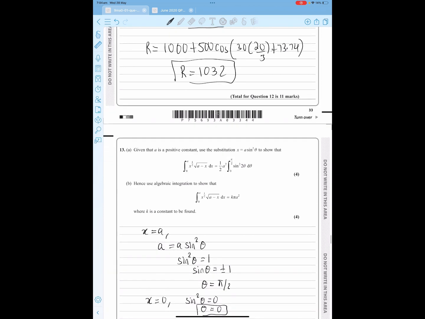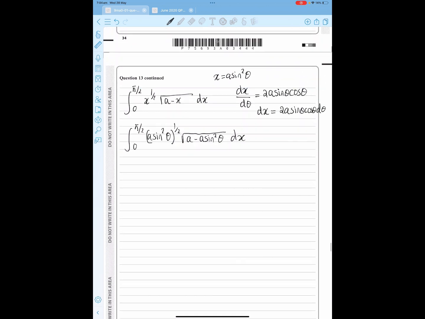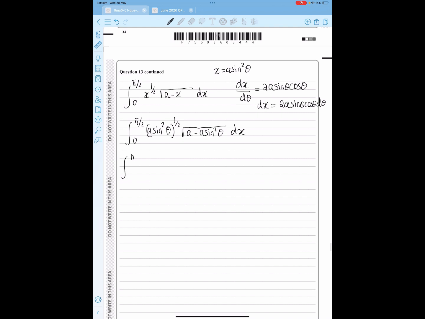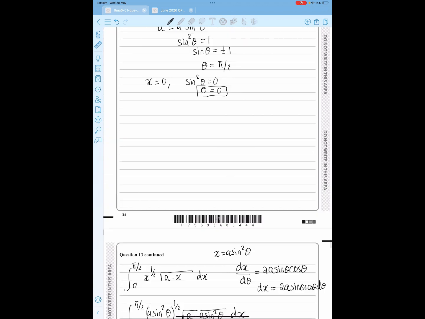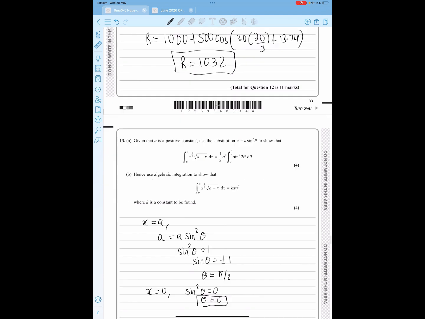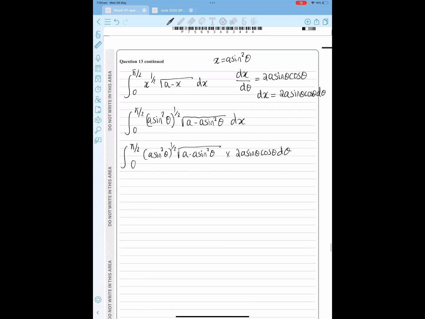Now let's rewrite our integral as a sine squared theta to the power of half, root a minus a sine squared theta, times 2a sine theta cos theta d theta. I can already see that there might be something to do with a sine 2 theta. Let's continue.